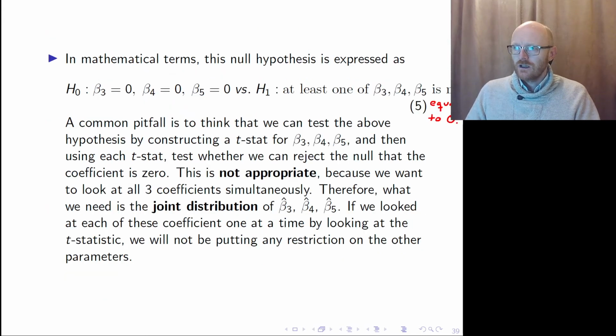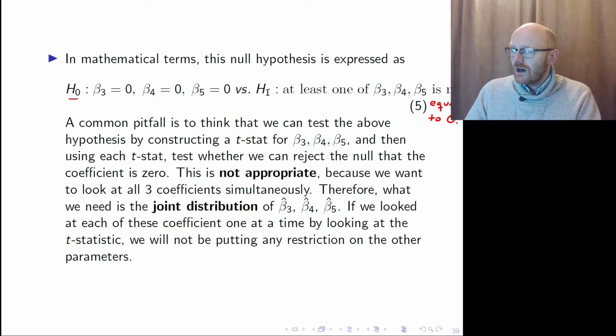To test these as a group, we say that the null hypothesis is that the slope on the third variable is equal to 0. At the same time, the slope on the fourth and the fifth variable is equal to 0. So it's a joint test on these slopes being equal to 0.